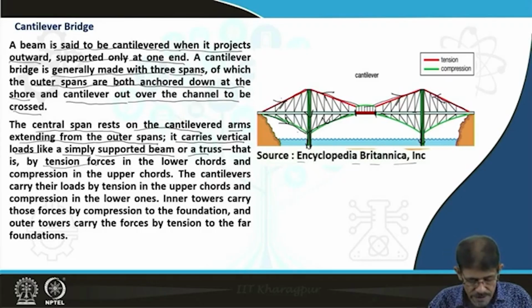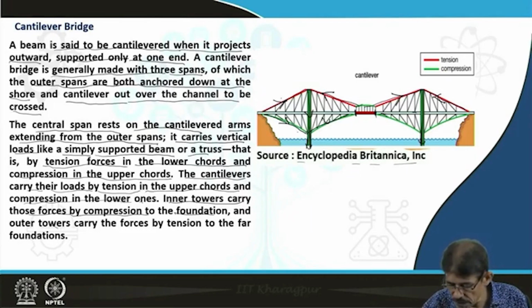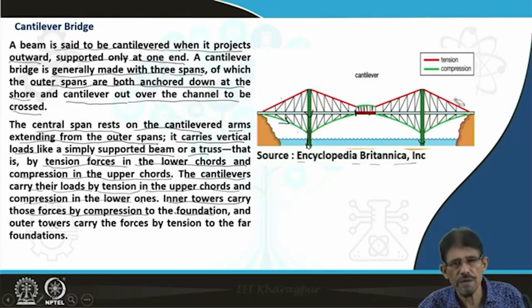That is, by tension force in the lower chord and compression in the upper chord, the cantilevers carry their loads by tension in the upper chord and compression in the lower only. Inner towers carry those forces by compression to the foundation, and the outer tower carries the force by tension. You can see here compression in these structures, and this is under tension. So in this way, the multi-span or 3-span cantilever is working.